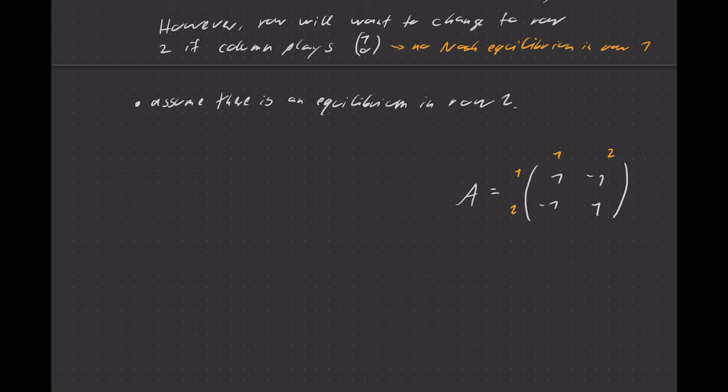Now we have a look at row 2. Let's see. Now if we're in row 2, then surely the only possible equilibrium is here, because otherwise, here, the column player will want to change. Then the equilibrium can only be in column 2.